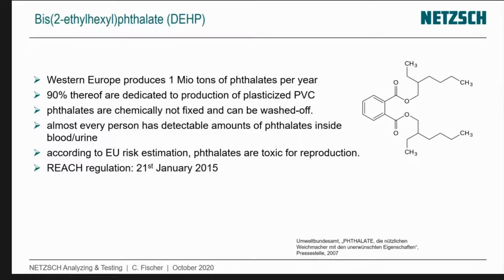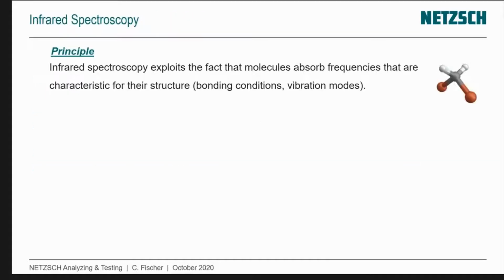So with the REACH regulation from January 2015, phthalates are no longer allowed to be used in food, in toys, in baby articles, or medical supplies. The outgassing of a plasticizer during thermal treatment can be easily monitored by infrared spectroscopy.